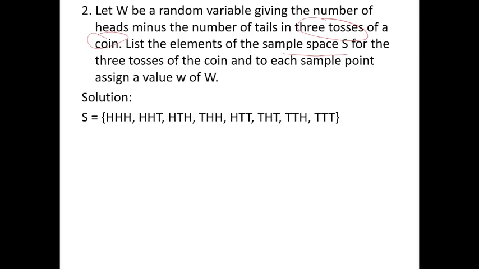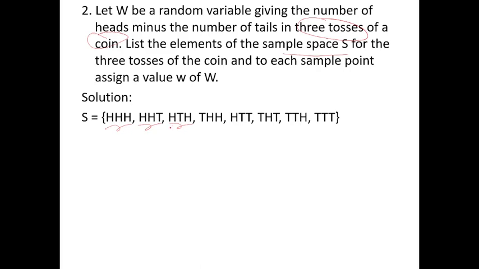And then, what else does it say? And to each sample point, assign a value w of W. What we call every outcome of our sample space is a sample point.